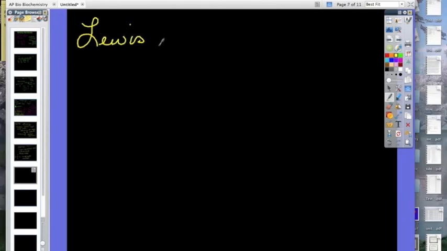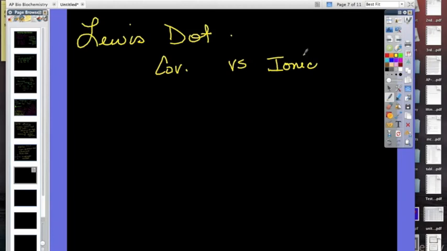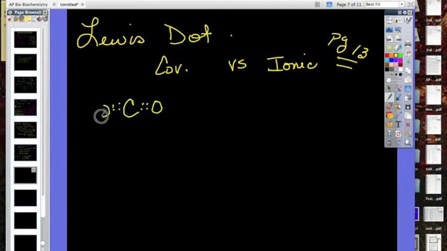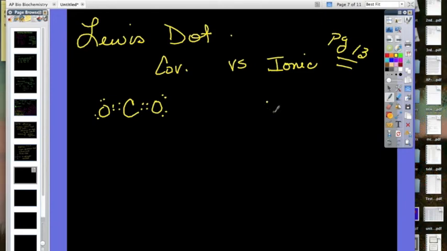Okay, so let's talk about just a few more things. Lewis dot. We've got the Lewis dot for covalent versus ionic, because you need to know the difference between them. And we drew those on page 13. The difference between ionic and covalent. When you draw a Lewis dot structure for covalent, something like this, versus ionic, something like this.